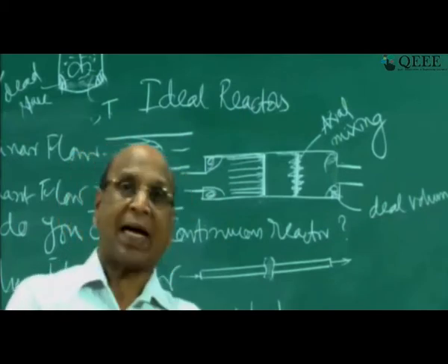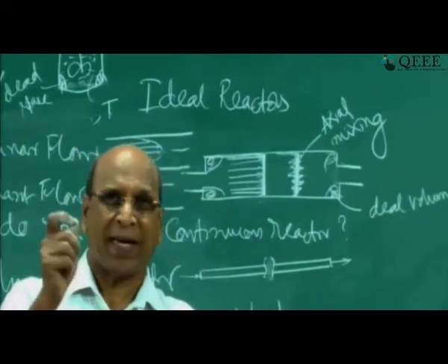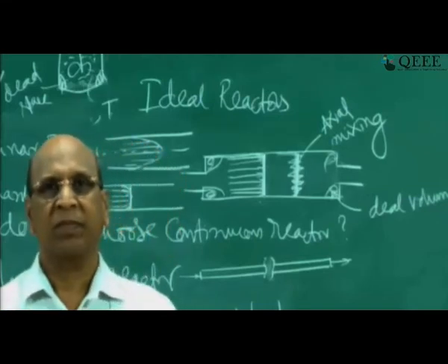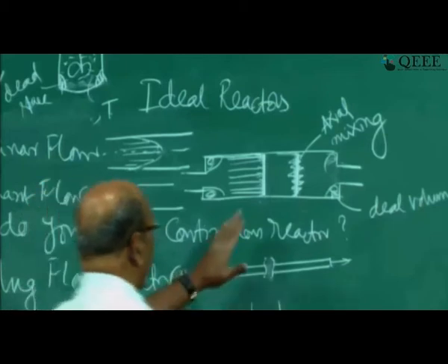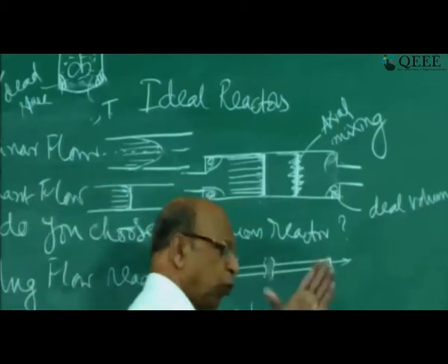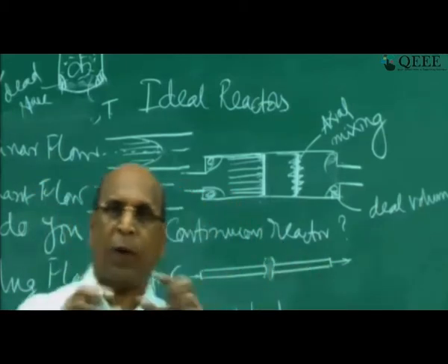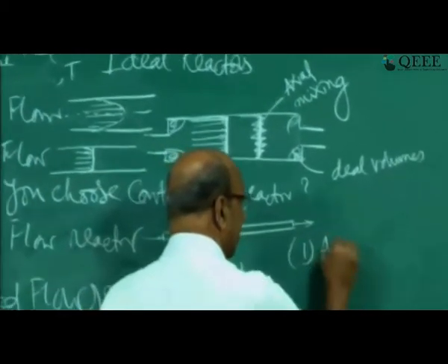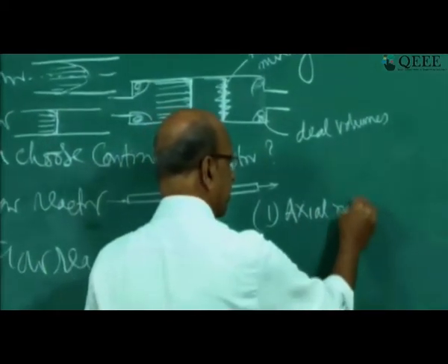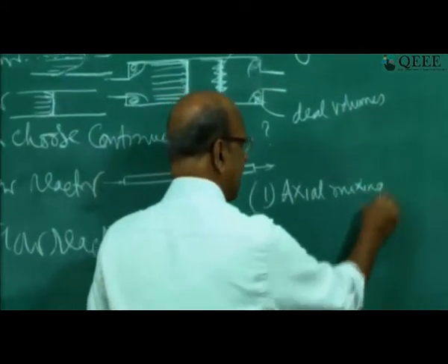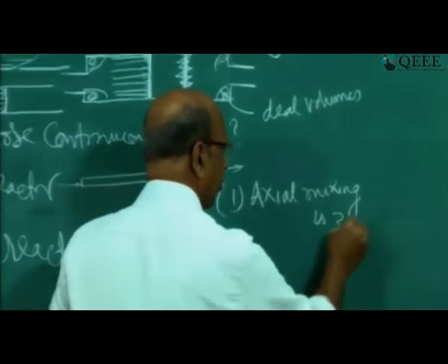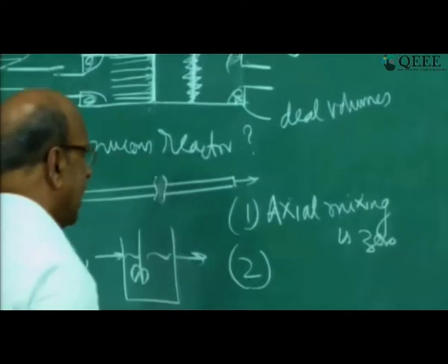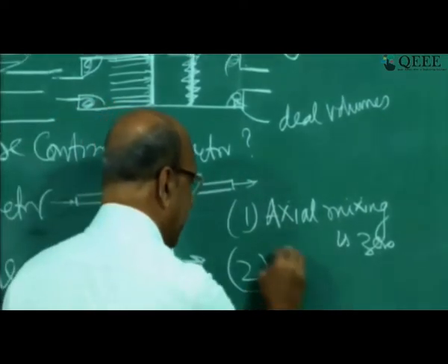To have that condition, you need a flat velocity profile, right? So what we normally write is, to fulfill that condition of every particle spending the same time, one condition is axial mixing equal to 0. Axial mixing is 0. That is one condition. And number 2 condition is that the radial mixing equal to infinity.